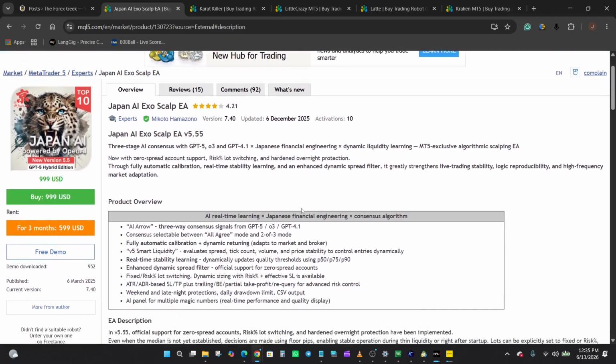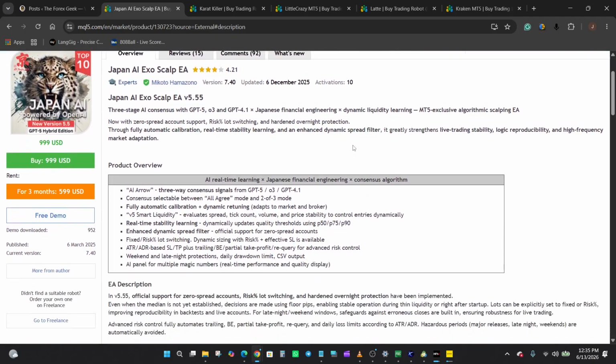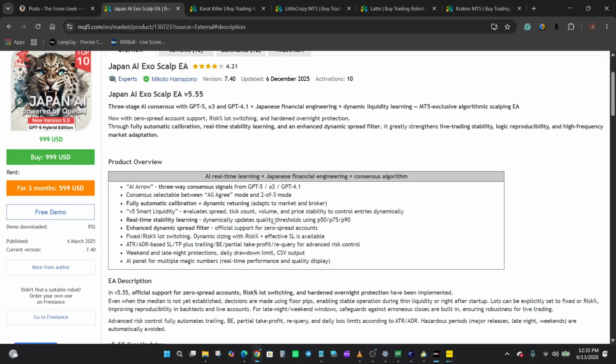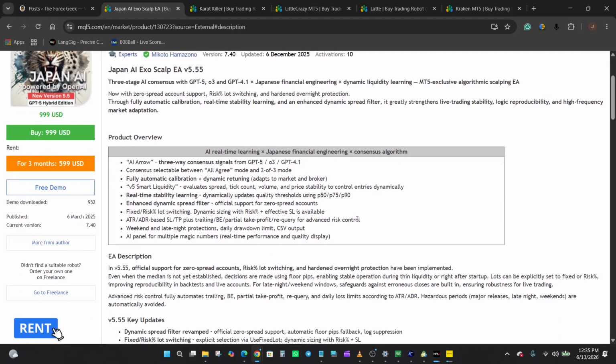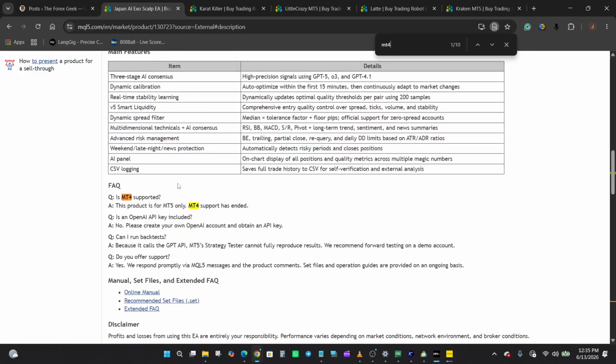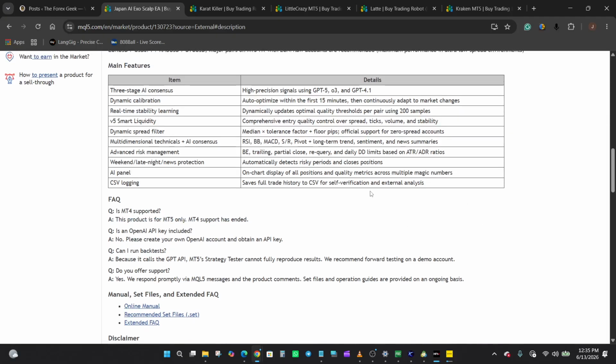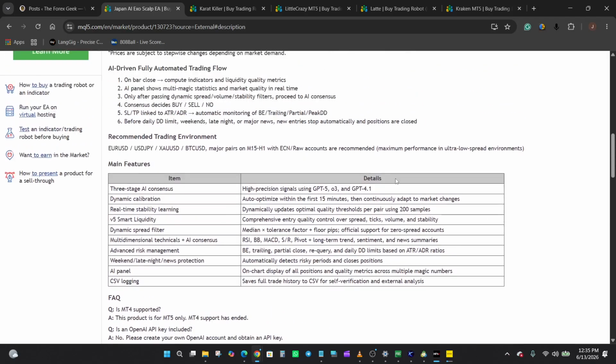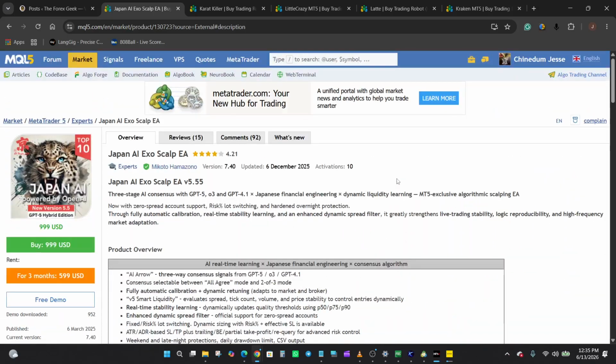It seems as if the MT4 support has ended, right? I'm just going to quickly confirm that. We can see here that the MT4 support has ended, so this product is for MT5 only. So that's an important point to note right from the start before going any deeper into the system.